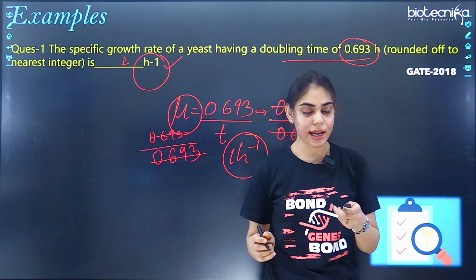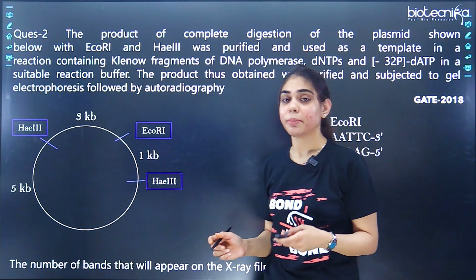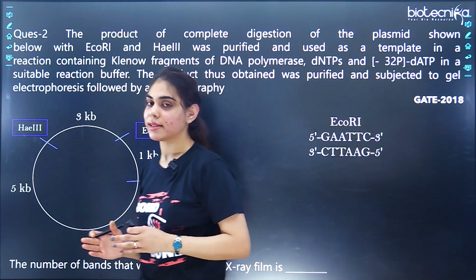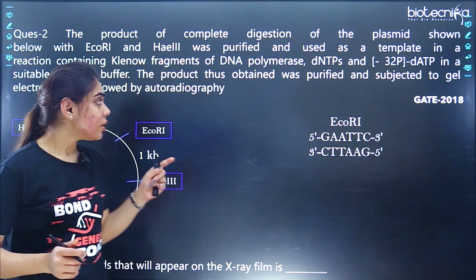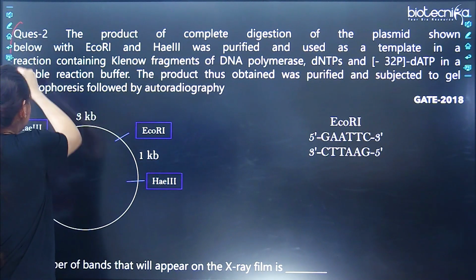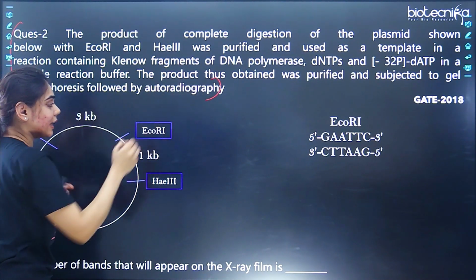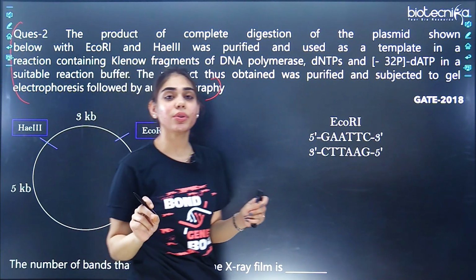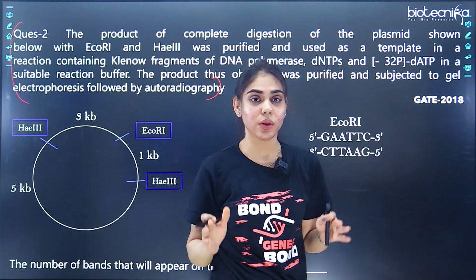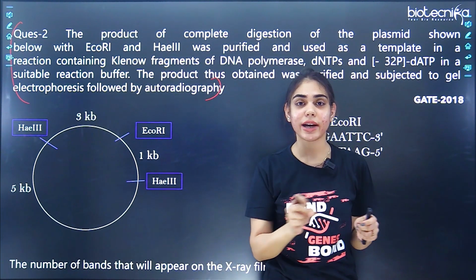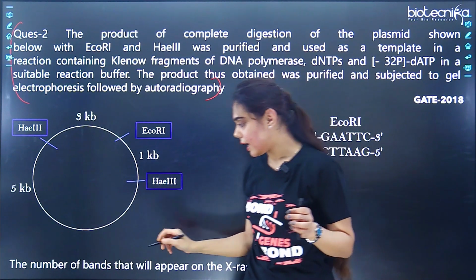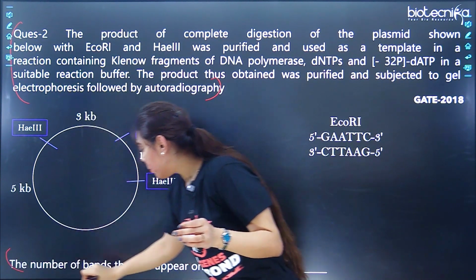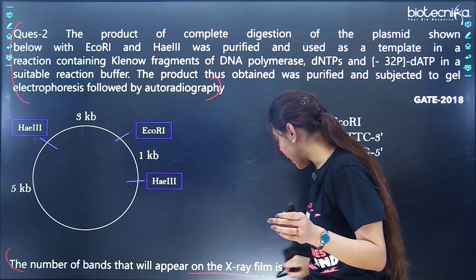So now let's have another type of question or example that is asked in the GATE Biotechnology exam or GATE Life Sciences. This is the question for band digestion or DNA digestion. Here you don't have to read the full question. You have to just read the final line, what it is asking. It is asking about the number of bands that will appear on the X-ray film.